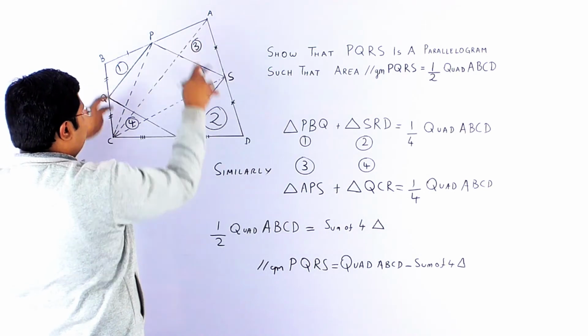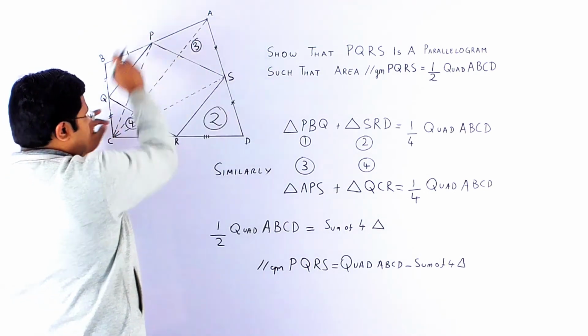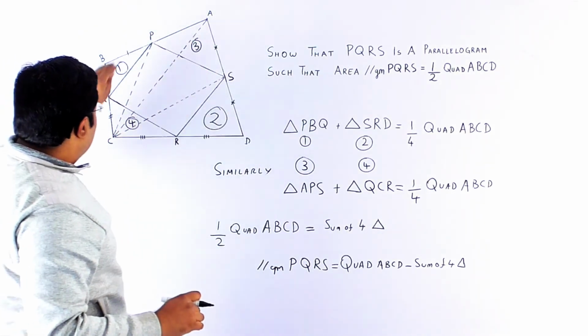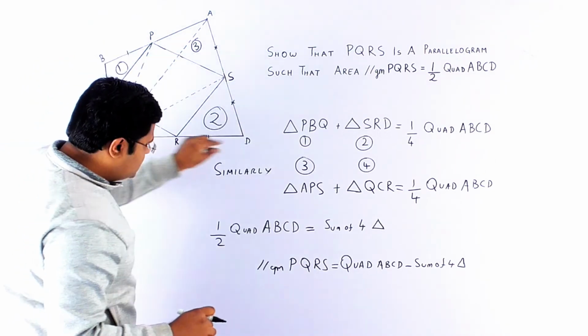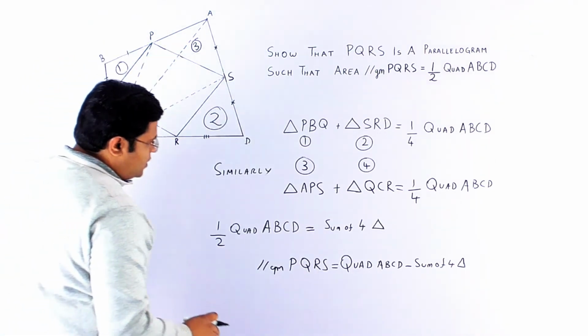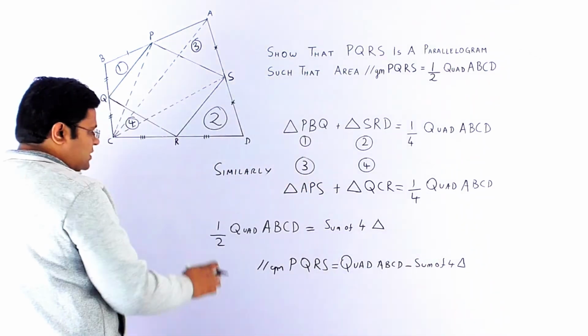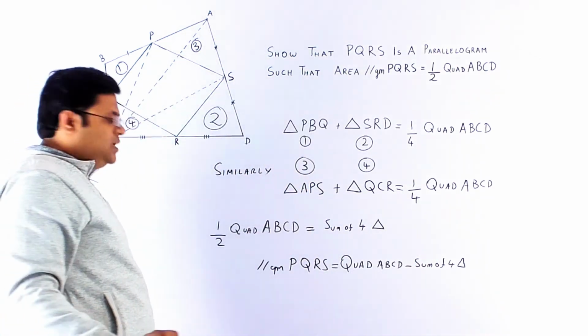If you subtract these 4 triangles, you will get the parallelogram. Now, this is one thing which we are clear of. What is the sum of 4 triangles? That's half of quadrilateral ABCD.